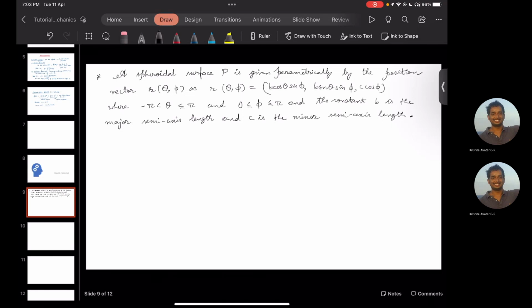Now we need to determine the surface area.